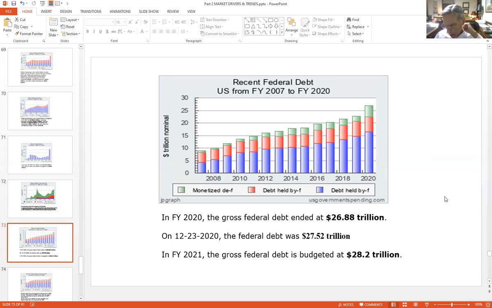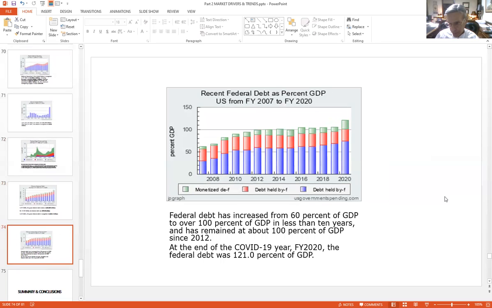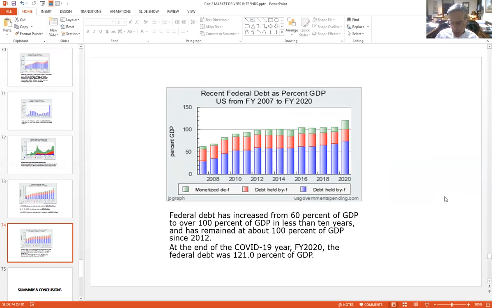And that's before the additional disbursements for pandemic adjustments are made. So it's easy to see that debt reaching 29 trillion or more. As a percent of GDP, you can see that at the end of fiscal 2020, federal debt was 121% of GDP, but as I mentioned, we're now approaching 130%.